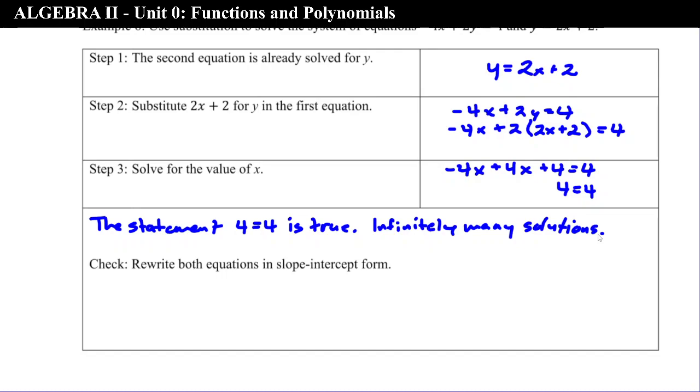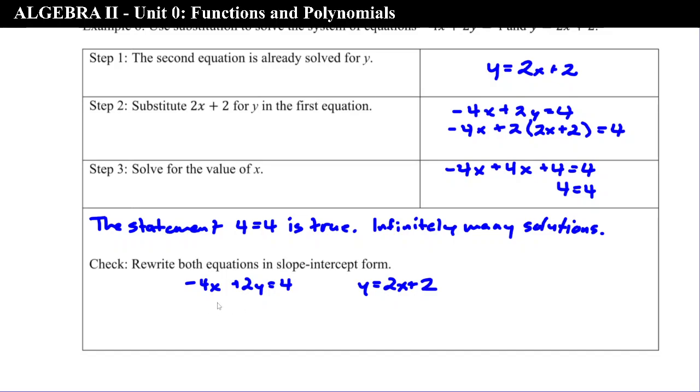And we can rewrite both equations in slope-intercept form to perform our check. So let's do that. So the first one is negative 4x plus 2y equals 4. The second one's already in slope-intercept form. So we would expect, once we solve for y on the first one, that this is what we would get as our solution.